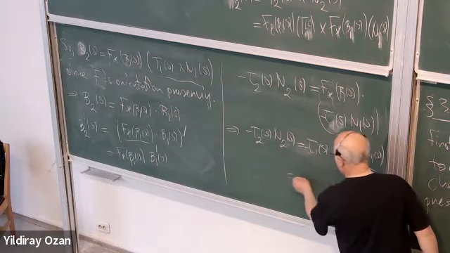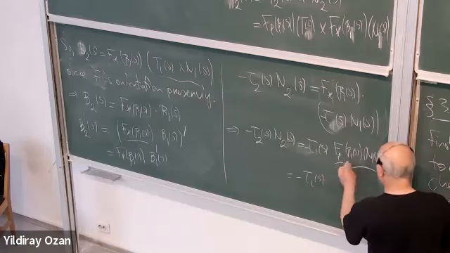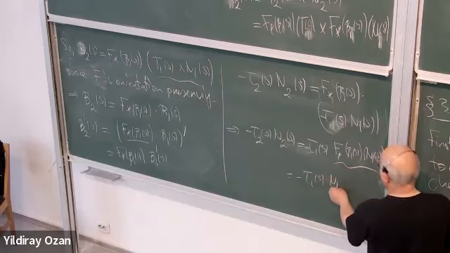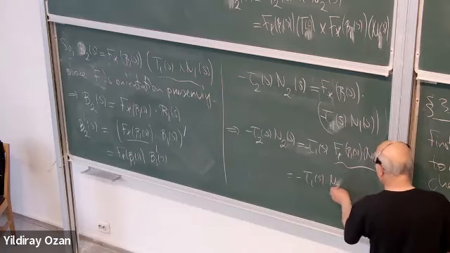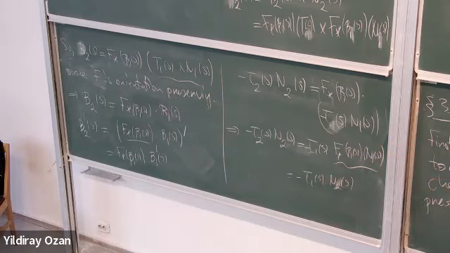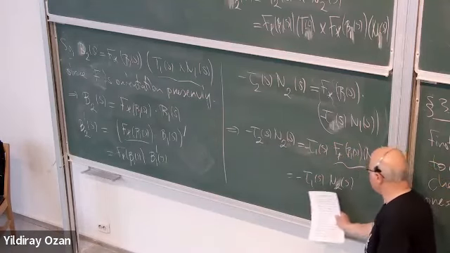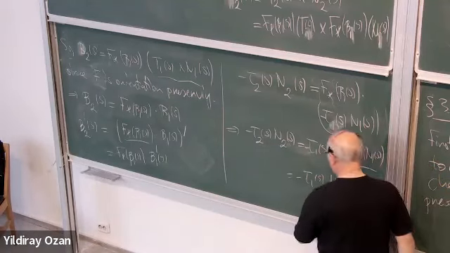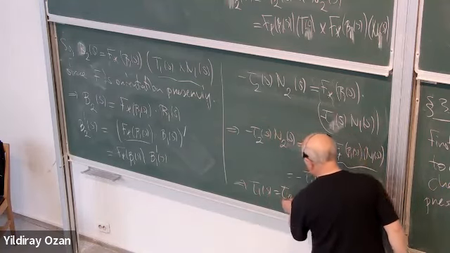So this is minus tau 1S N2S. And from this, what we see is that minus tau 2 times N2 is minus tau 1 times N2. This implies tau 1S is equal to tau 2S.